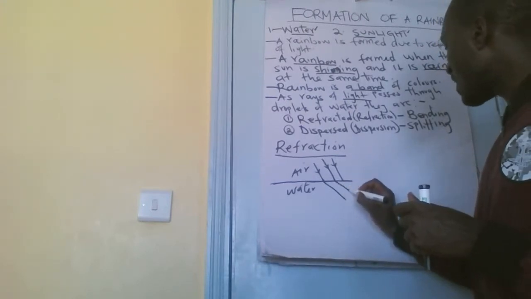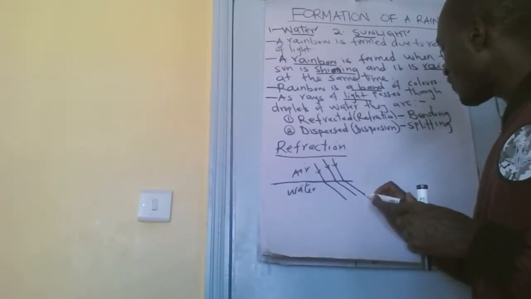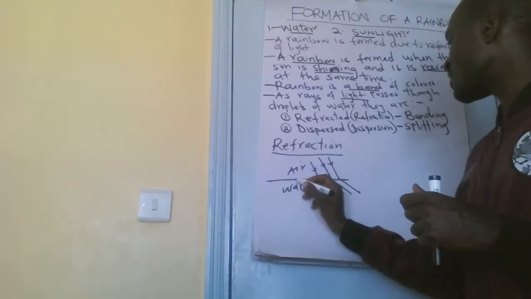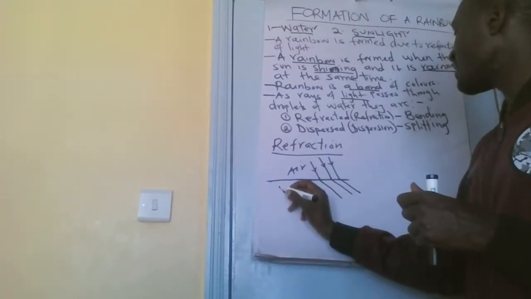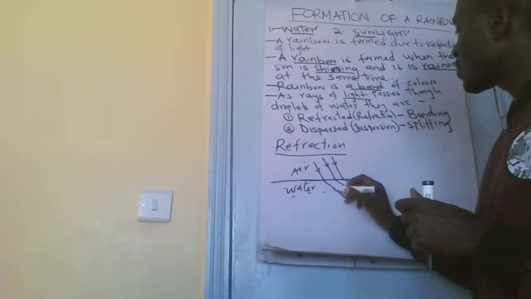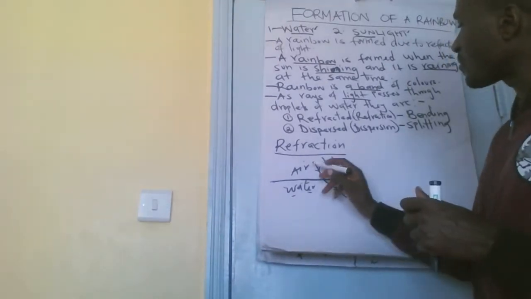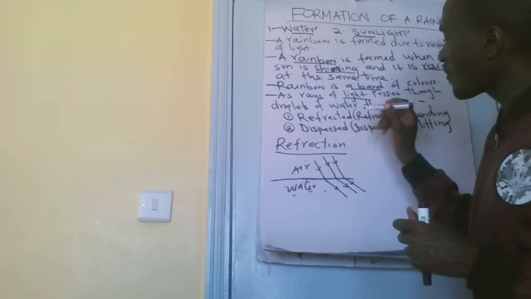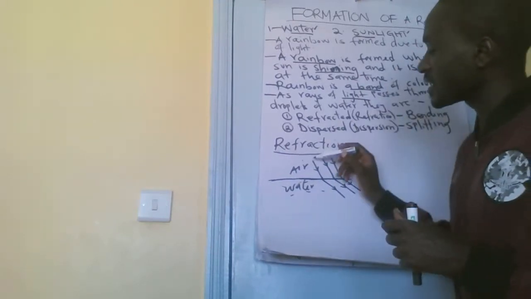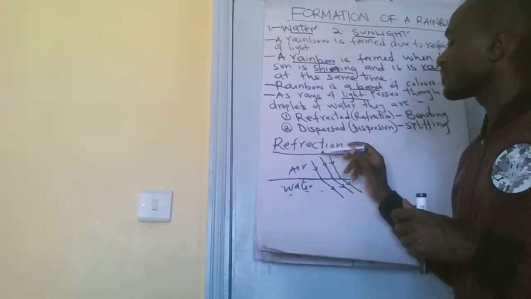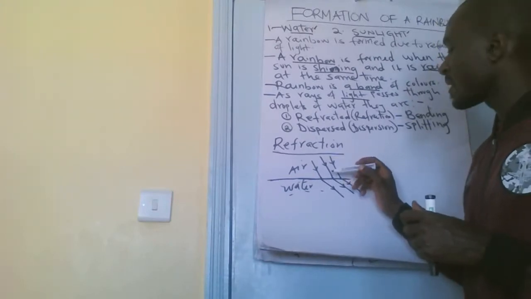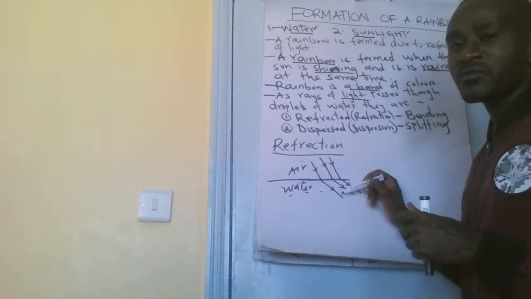At what point? At the surface of water, the boundary between water and air. This is what happens when rays of light pass from air to droplets of water.